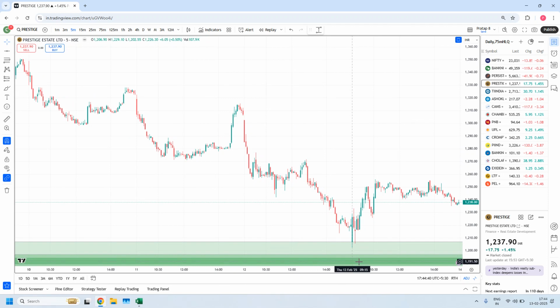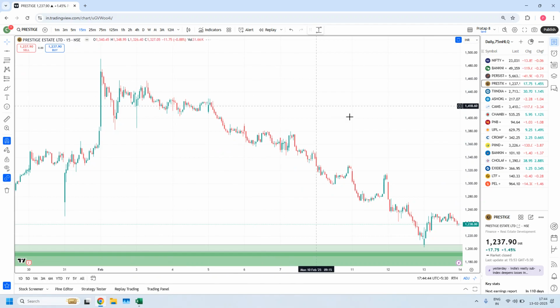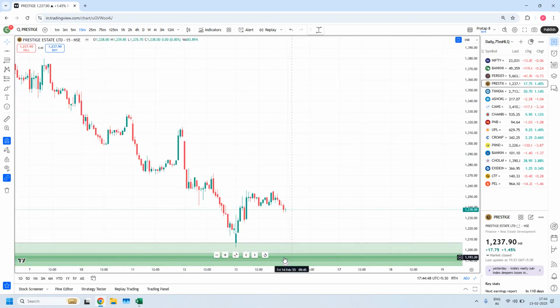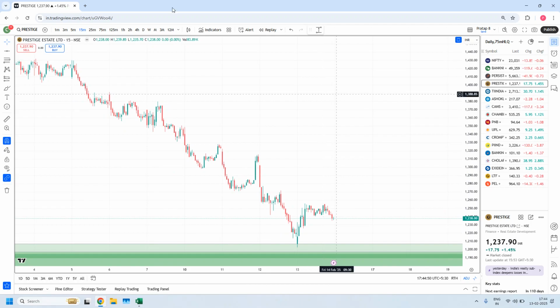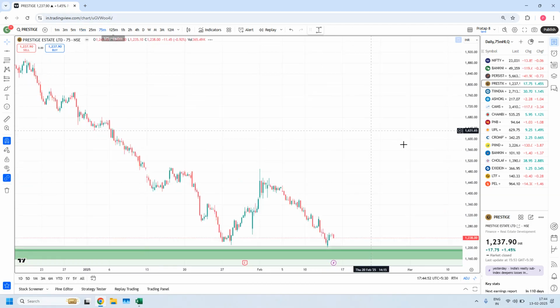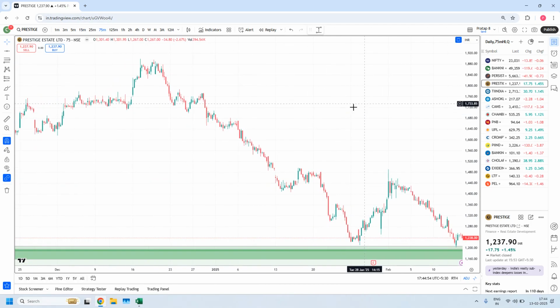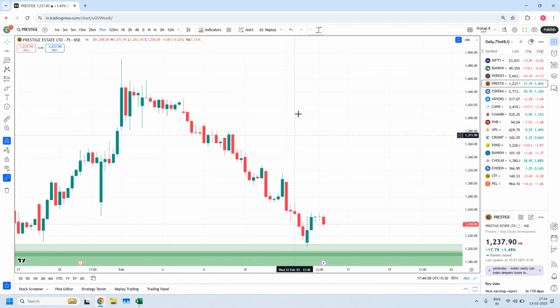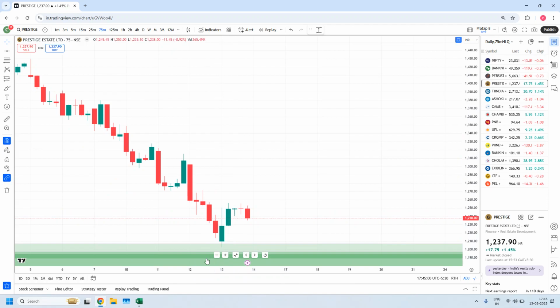Did price enter into the fine-tuned 5-minute zone? No. Let me show you in the 15 minutes time frame. Maybe better clarity will be there. Did price enter into this fine-tuned 5-minute zone? No. Okay, let me show you in the 75 minutes time frame. You have even better clarity. Did price enter into the fine-tuned 5-minute zone here?